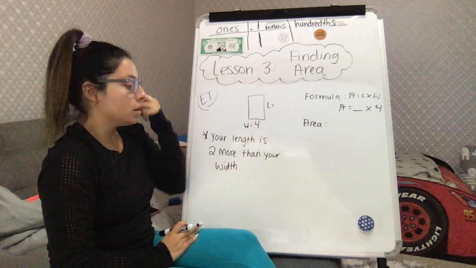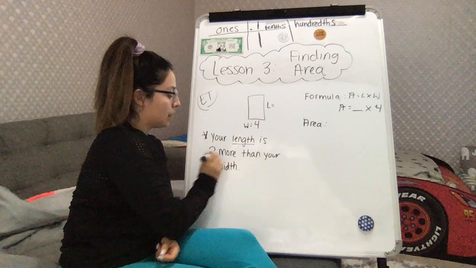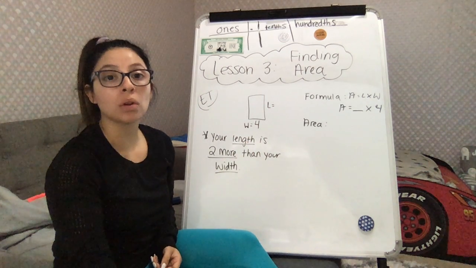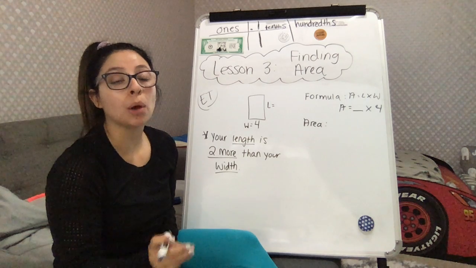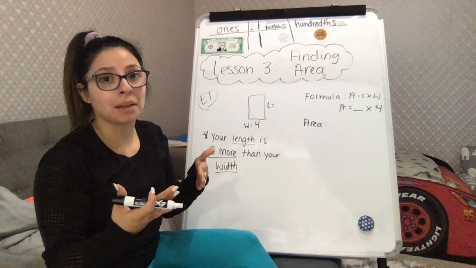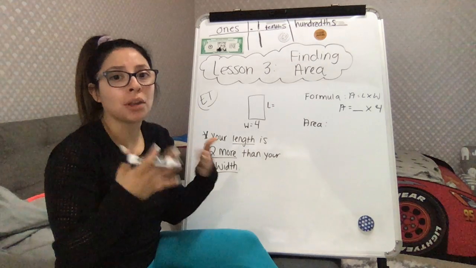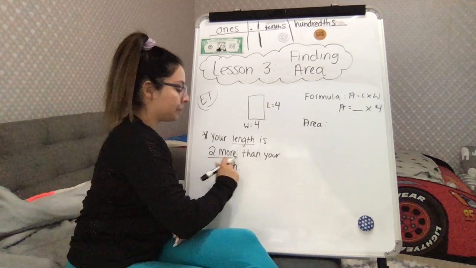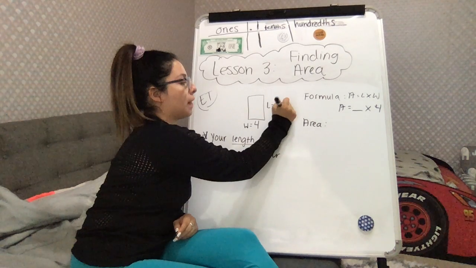So it says that your length is 2 more than your width. If I want 2 more than something, hopefully we know more means that you're going to be adding something. You won't have less because you're getting more. So we're going to put 4. It says our width is 4, and that the length is 2 more than that.